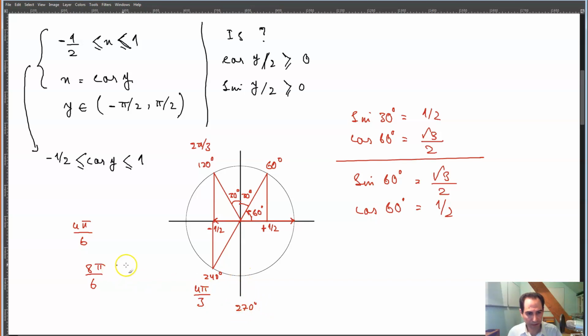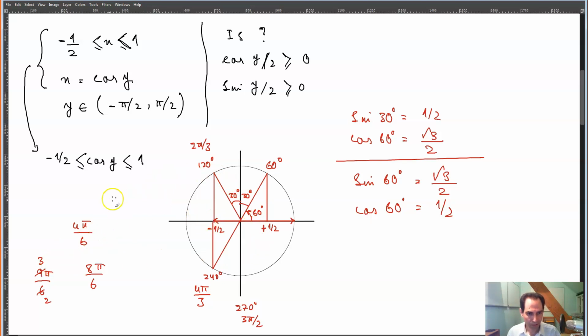And then this is 9 pi by 6, which is equal to 3 pi by 2, right? This is necessary because I cannot use the formulas that fluently, so I have to resort to the unit circle.